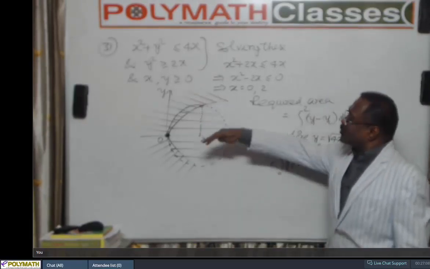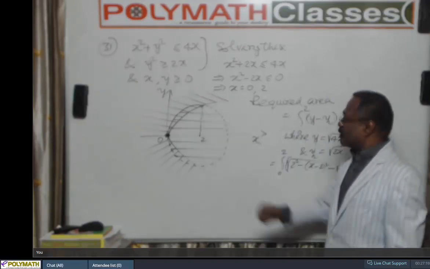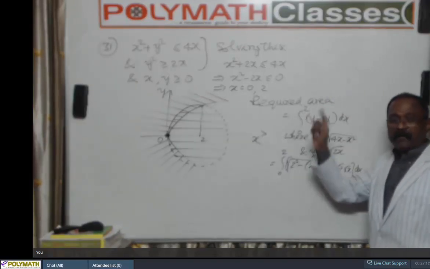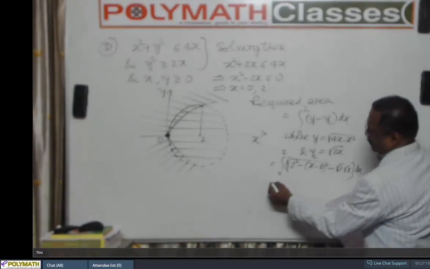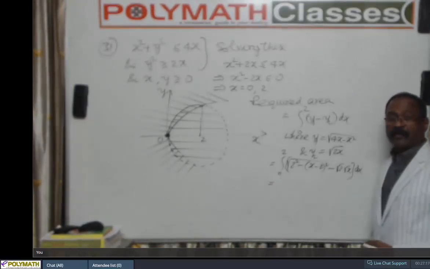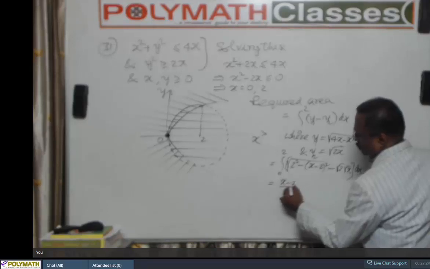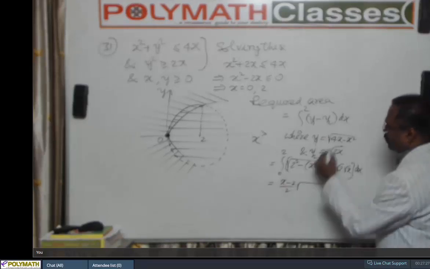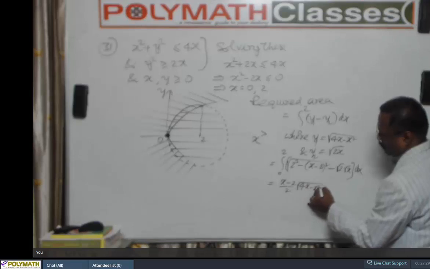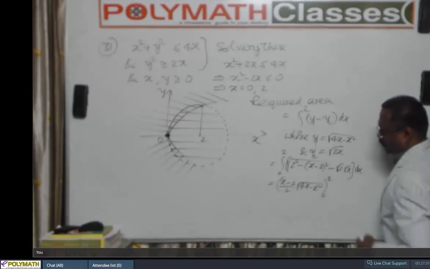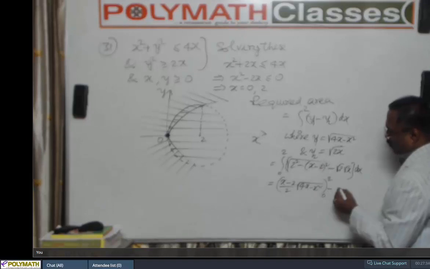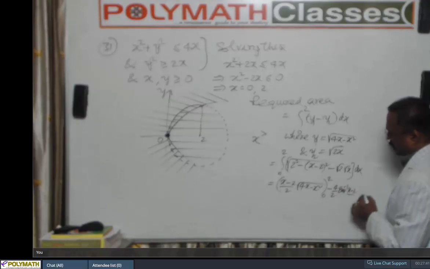That is why you have to take only the upper part of it. That is the reason why we have taken only the upper part. If you simplify this, you know the formula: integral of root over a square minus x square is x by 2 into root over the same, within the limits 0 to 2, minus a square by 2, a square is 4 by 2 into sine inverse x by a.